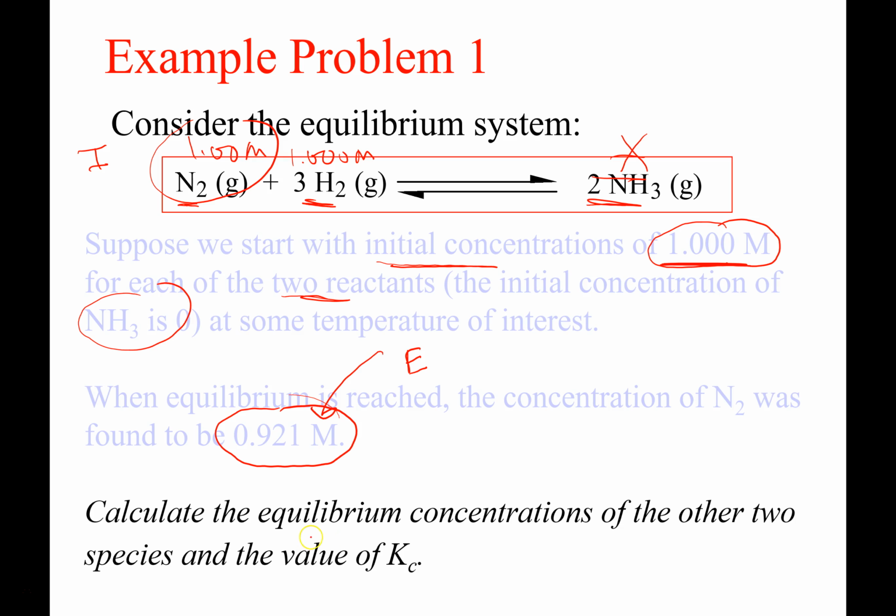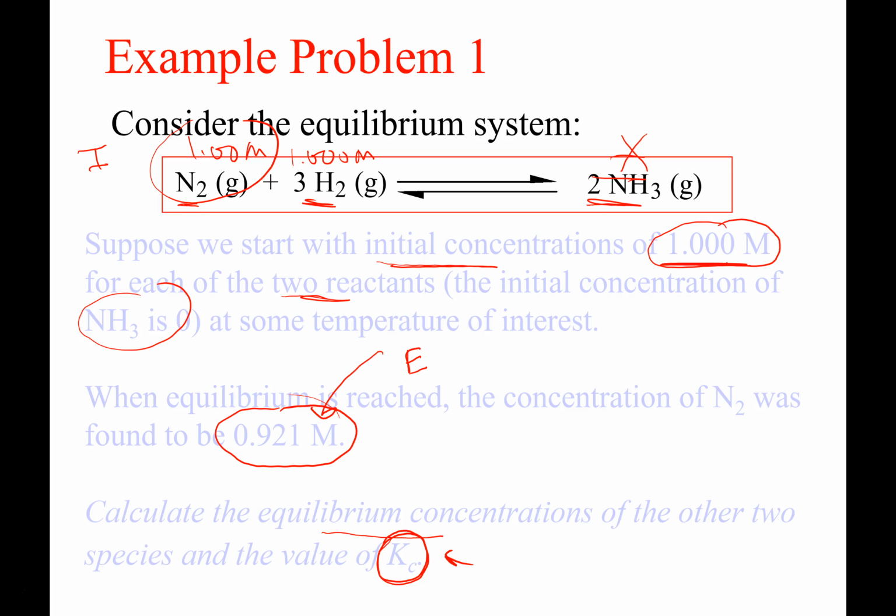We're supposed to come up with the equilibrium concentrations of H2 and NH3. And then, after we know the equilibrium concentrations of everything, we're supposed to go ahead and find the equilibrium constant Kc from the equilibrium constant expression. So this is solving an equilibrium constant expression.